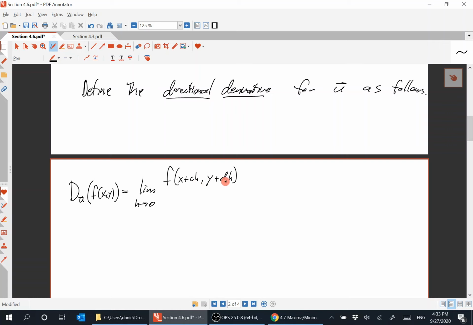So you split up that h, c% of it in the x direction, d% of it in the y direction, instead of 100% in the x direction and 100% in the y direction. Minus f(x, y) over h.